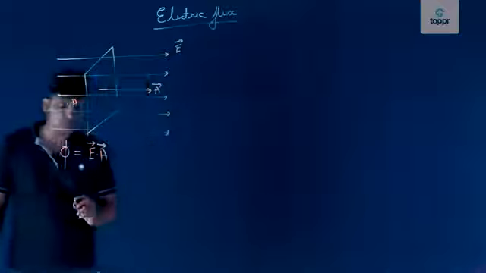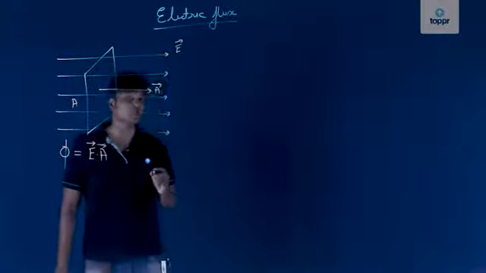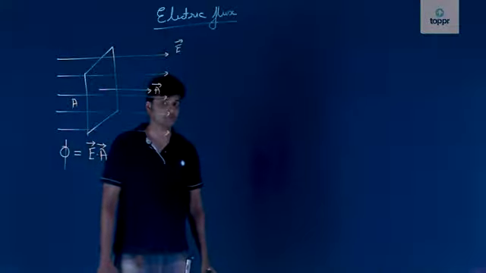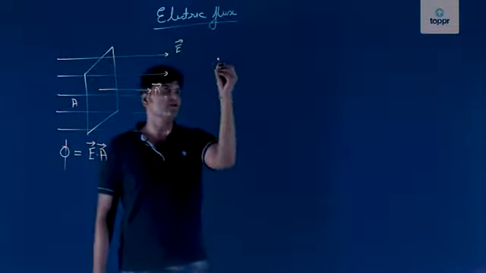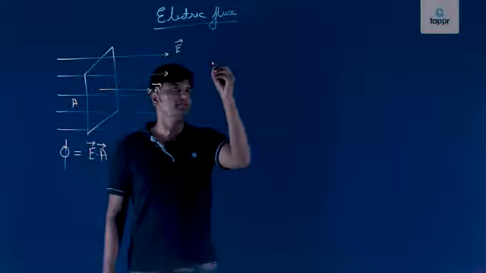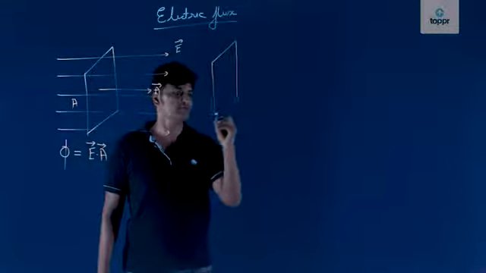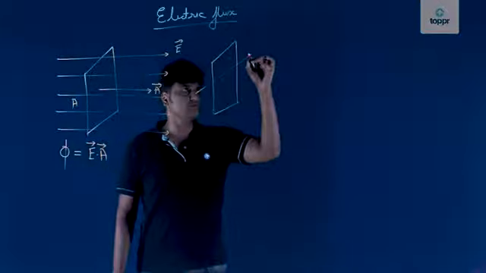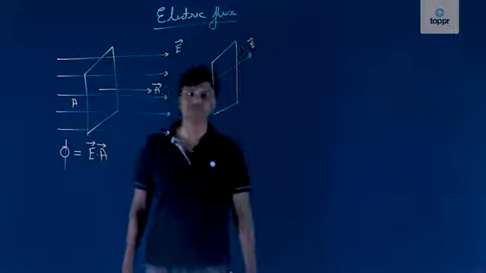So in case the electric field is not perpendicular to the area vector, what will happen? Let's say for example, this is the surface and the electric field is in this direction, right?